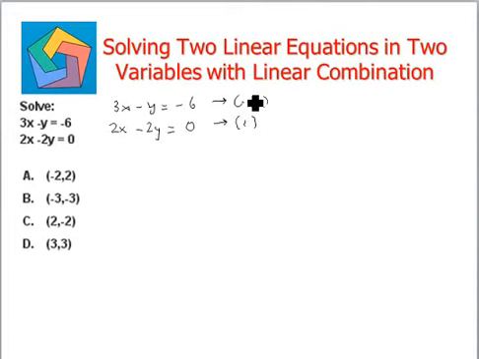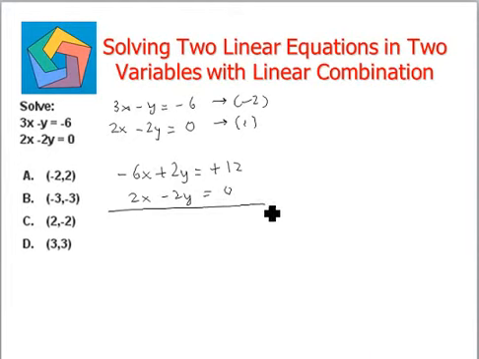So negative 2 times 3x is a negative 6x. Negative 2 times negative y is a positive 2y equals a positive 12, and the second equation as it is.